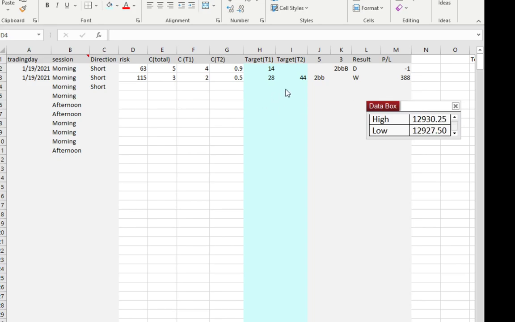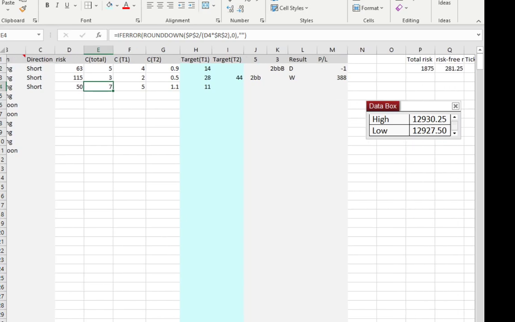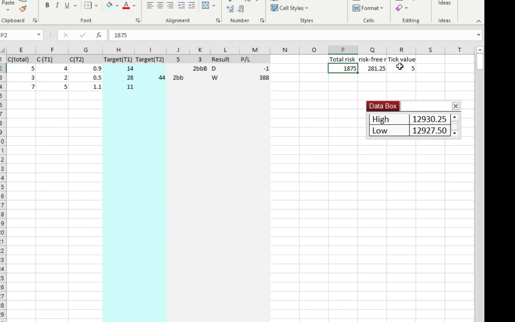My method is, say, I risk $50. I use 7 contracts, risking 50 ticks, risking 1875 in money, which is pretty good.